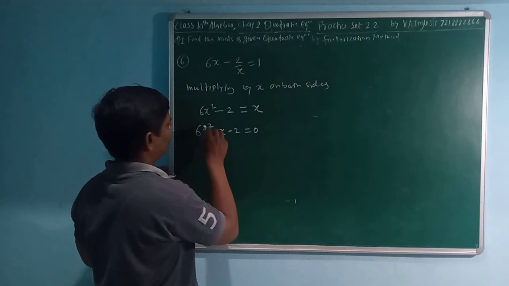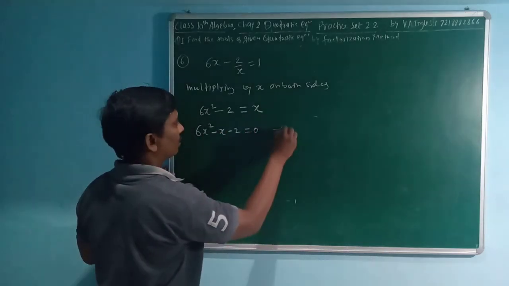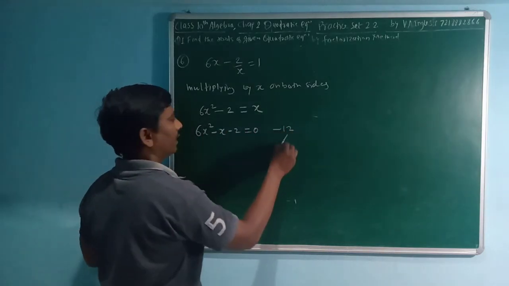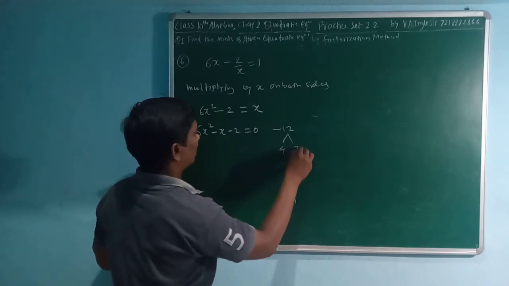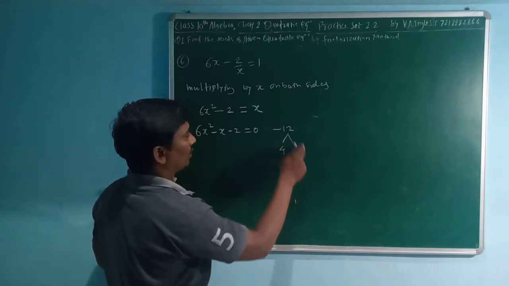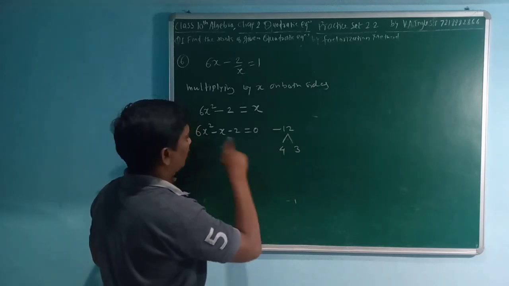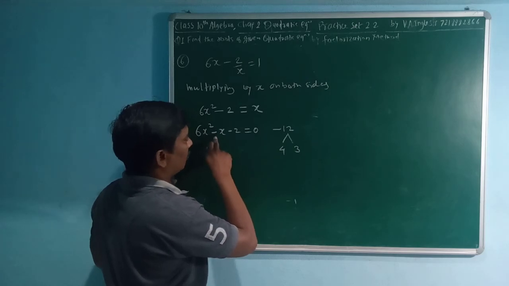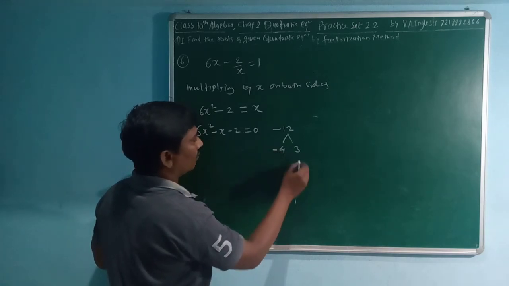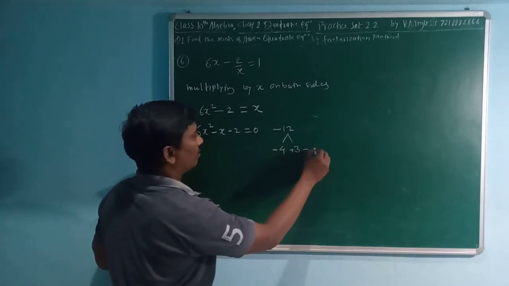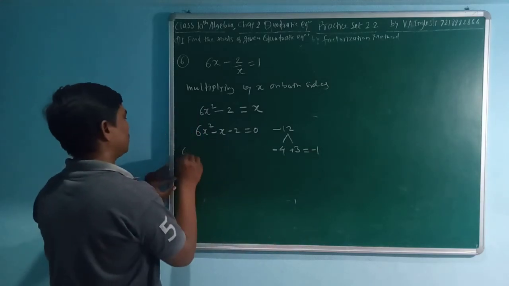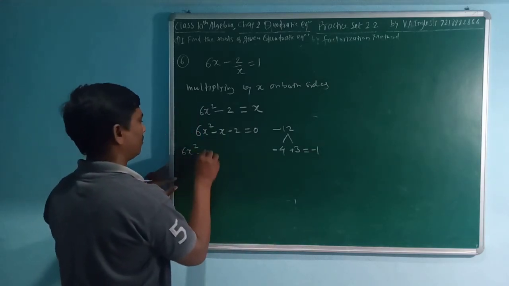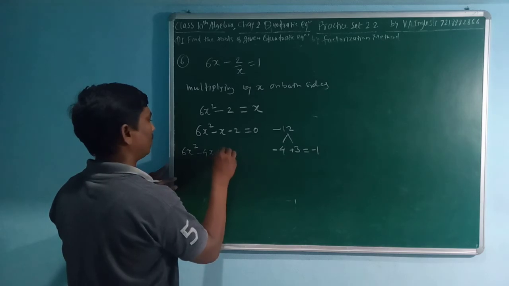So 6 into minus 2, that will be minus 12, and factorize minus 12, you will have 4 and 3. 4 3s are 12, and you want minus sign for the x, so it will become minus 1 here. So we'll write 6x square minus 4x plus 3x.